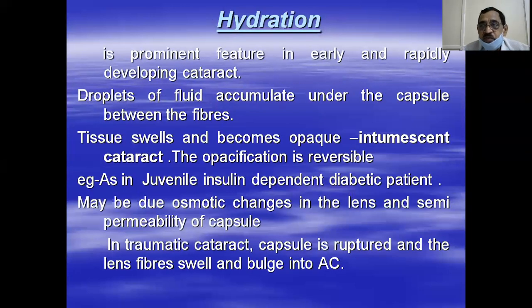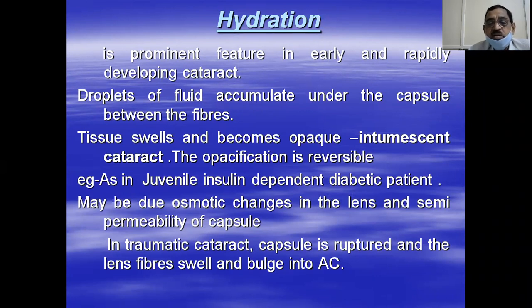Hydration is a prominent feature, as I have already mentioned, in early and rapidly developing cataract. Droplets of fluid and vacuoles accumulate under the capsule and in between the fibers. So the tissue swells and becomes opaque, and it is otherwise known as a waterlogged lens and also intumescent cataract. Here, the opacification is reversible.